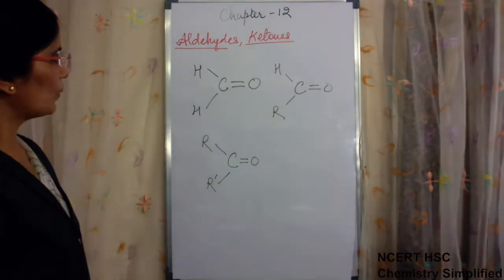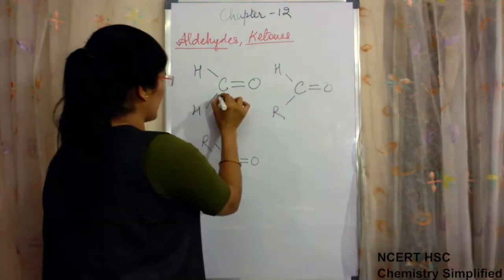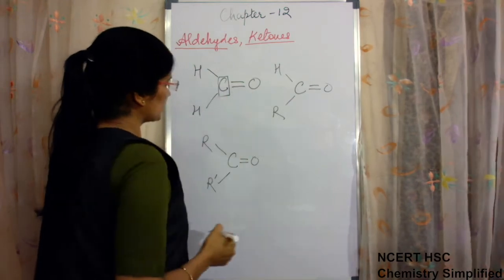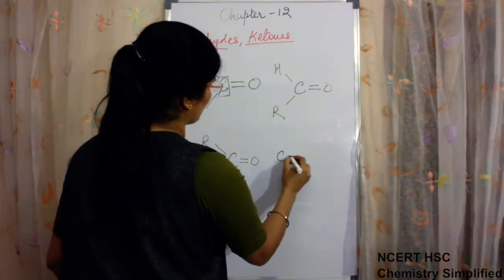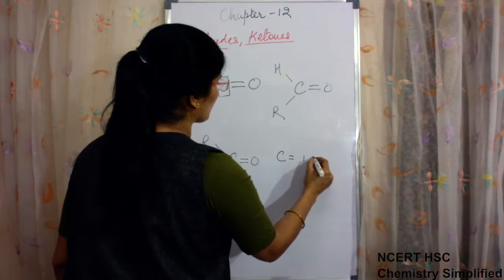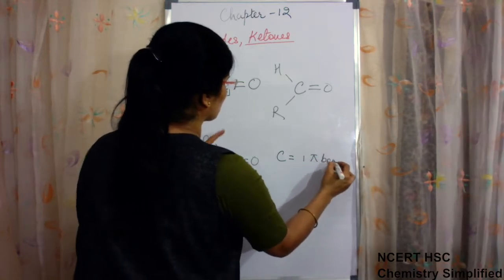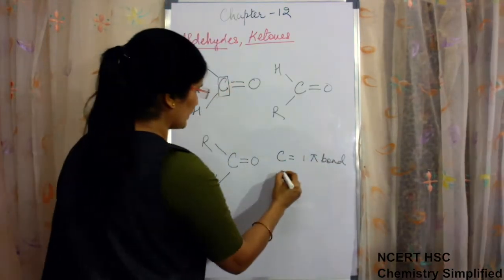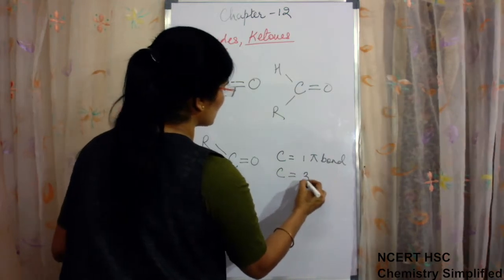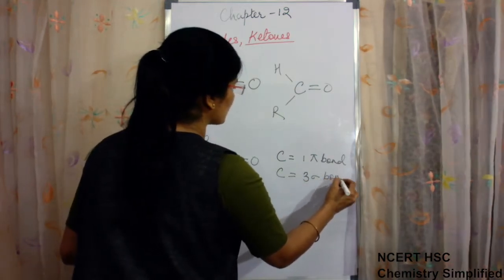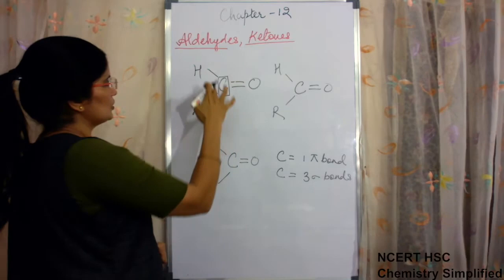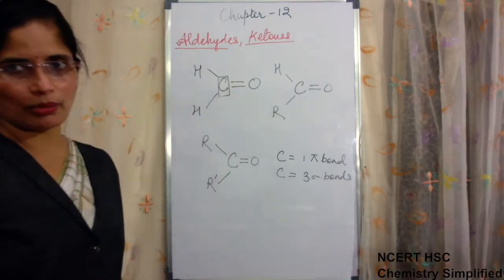Okay. Now, the carbonyl carbon atom has one pi bond. Okay. And the carbon atom has 3 sigma bonds: 1, 2 and 3 sigma bonds. Okay.